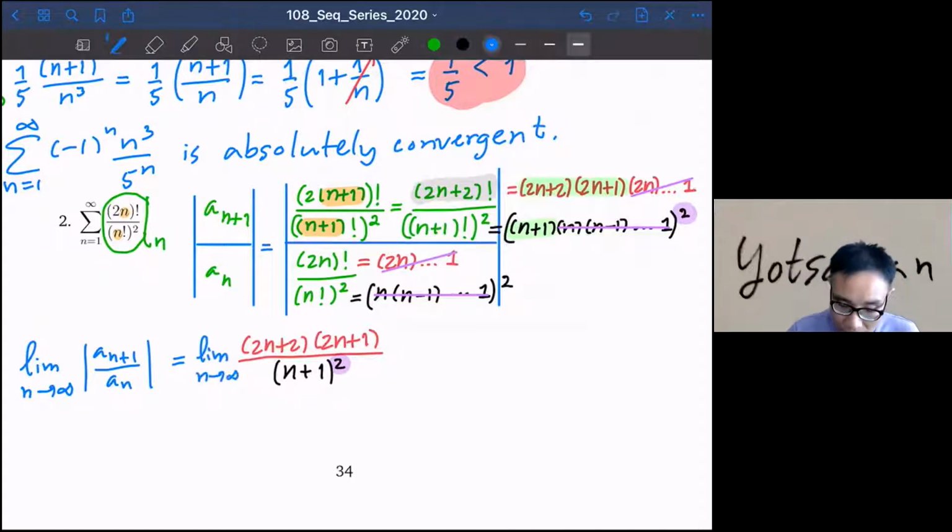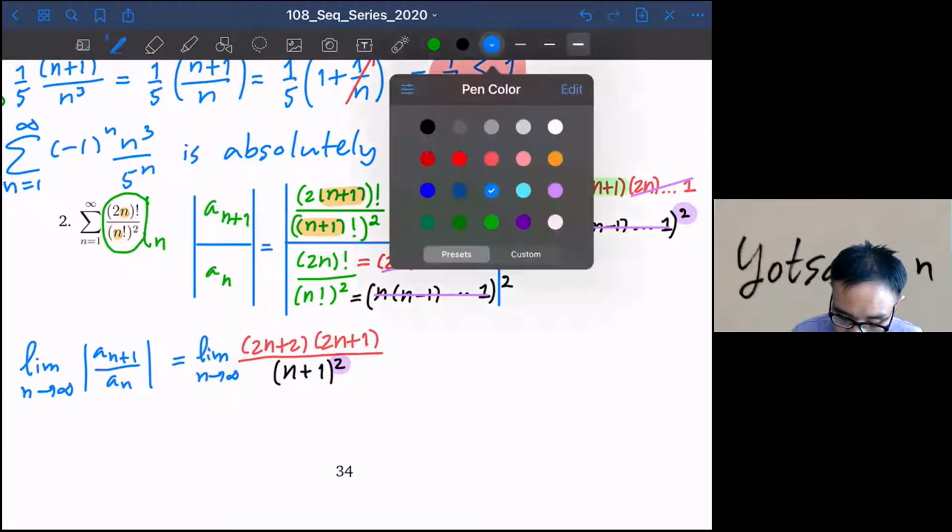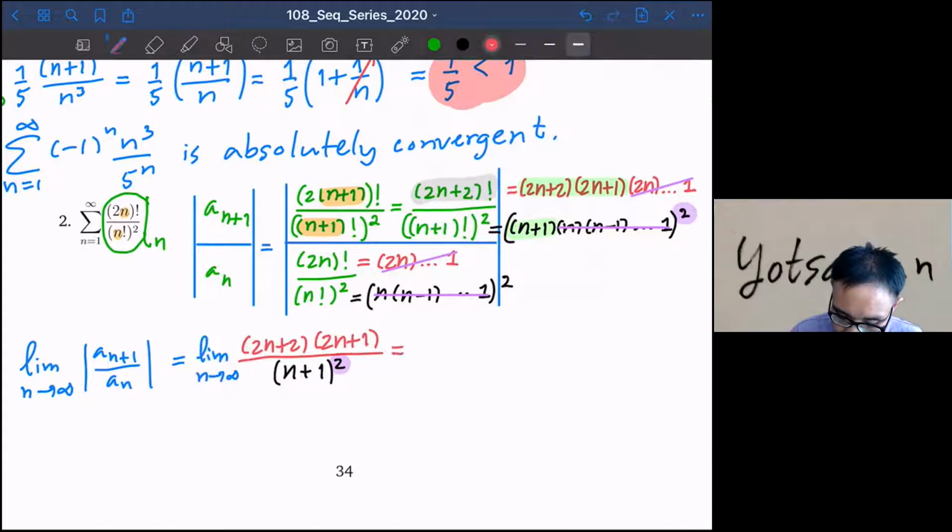Okay, so it's going to be 4n squared. Let me multiply this out. So it's going to be 4n squared, and 4 and 2 gives 6n plus 2. And on the bottom, it's just n squared plus 2n plus 1.